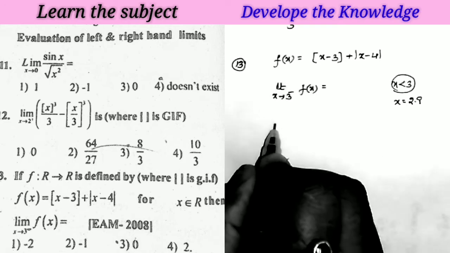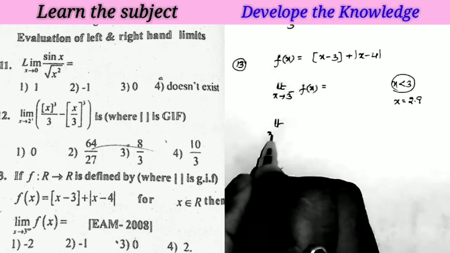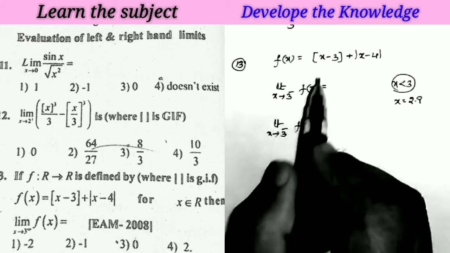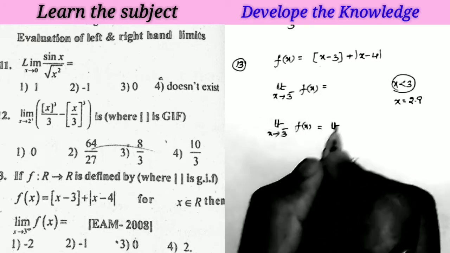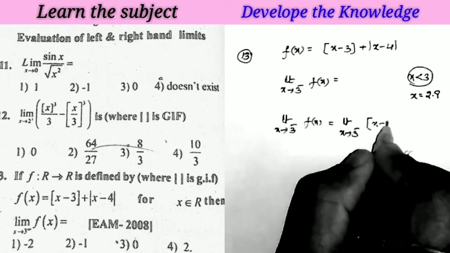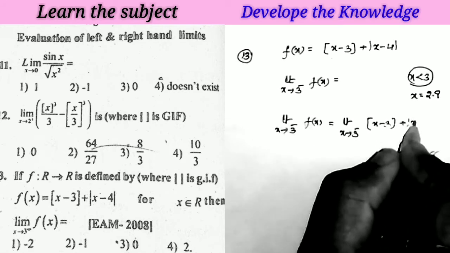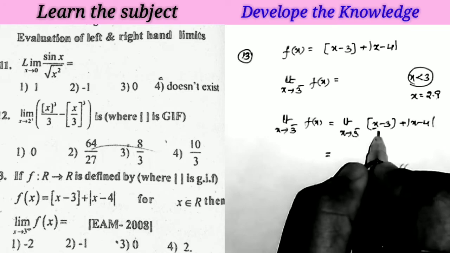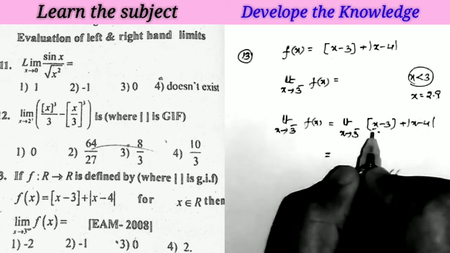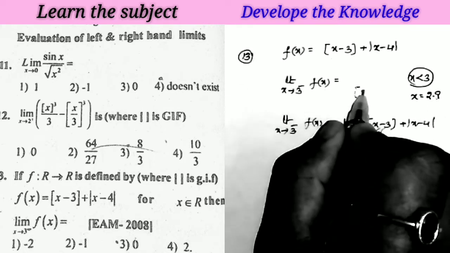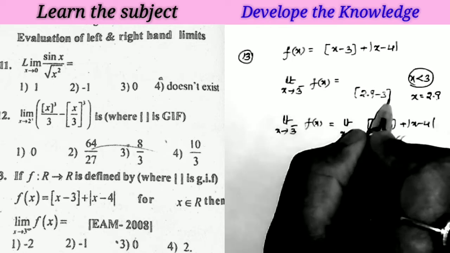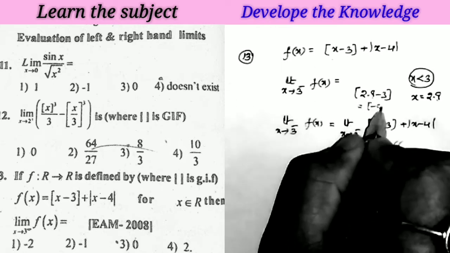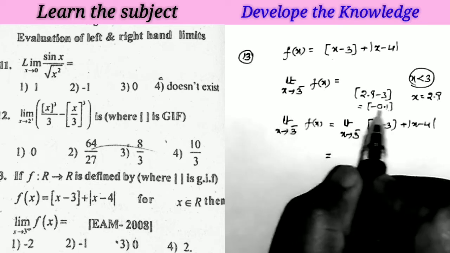The given question is limit x tends to 3 minus f of x. The value is step of x minus 3 plus mod x minus 4. I take x equal to 2.9 here. Now what is the step value of 2.9 minus 3? 2.9 minus 3 is equal to minus 0.1. And what is the step of minus 0.1?